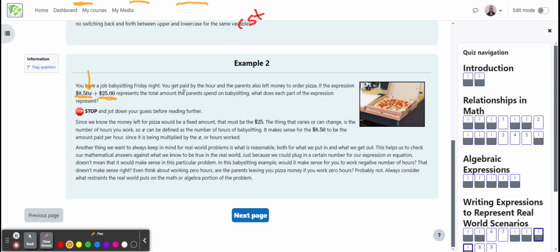Well, if I'm getting paid by the hour, that means that that is something that's variable. It's going to change. So the x would equal the number of hours. And my $25, well, that is money left for pizza. So that's like thinking of it as the flat fee. That's your pizza money.